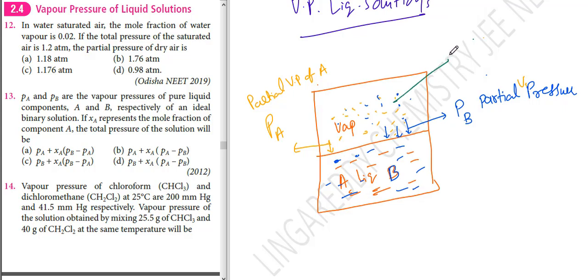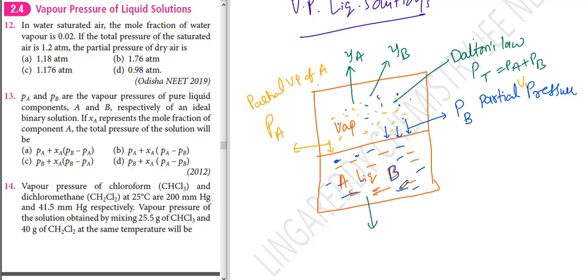In the vapor phase, we will use Dalton's law. P total equals PA plus PB. Next, here mole fractions in the vapor are shown by YA and YB.